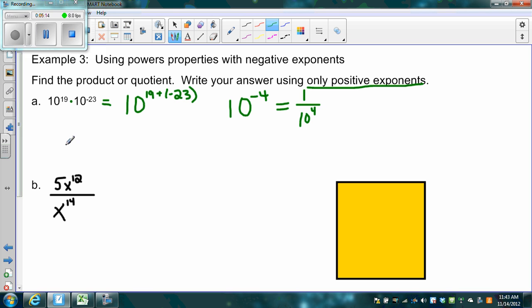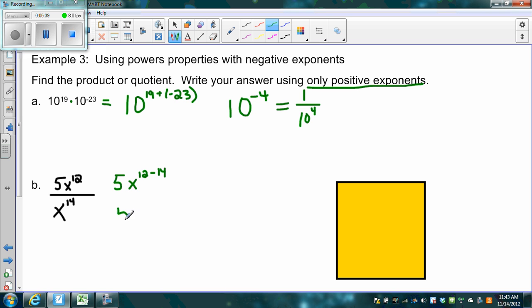Let's do the same thing here with this fraction with the variables. So here we have 5 is going to stay the same. So we're going to ignore that for now. Let's just focus on these two x terms. So we have x to the 12th minus what's on the bottom, 14.